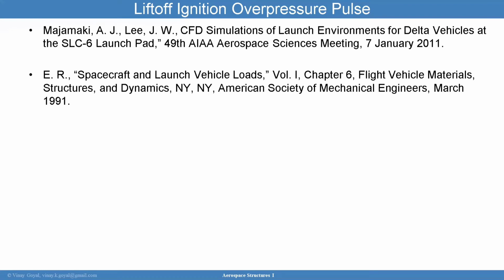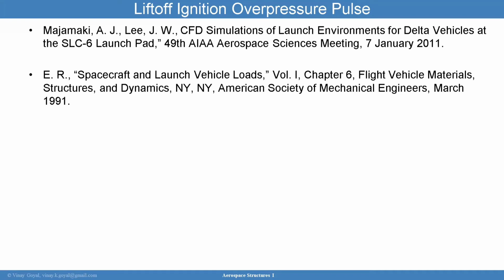Typically, the launch vehicle is mounted on the launch table, and you're going to have exhaust gases coming from the launch vehicle engine, which will travel down the table and through the flame duct before exiting the flame duct at a significant distance away. These ignition overpressure waves that rise up from the launch table and travel up the vehicle are referred to as the inlet ignition overpressure waves.